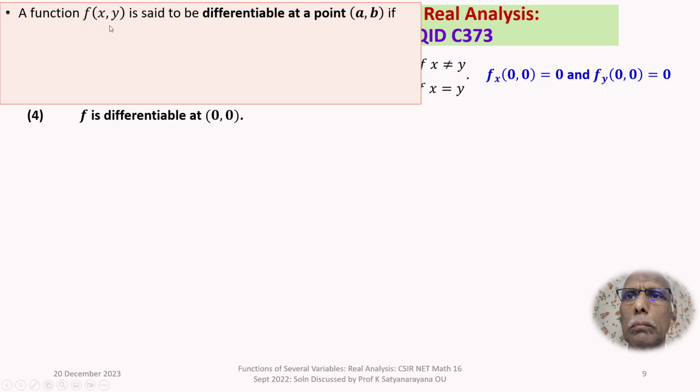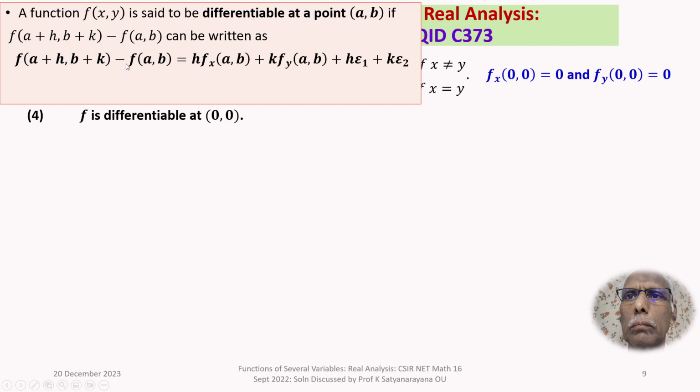A function f of x comma y is said to be differentiable at a given point a comma b if f of a plus h comma b plus k minus f of a comma b is equal to h multiplied by fx at a comma b plus k fy at a comma b plus h times epsilon 1 plus k times epsilon 2, where epsilon 1 and epsilon 2 are functions of h comma k, and epsilon 1 tends to 0 and epsilon 2 tends to 0 as h comma k tends to 0, 0.